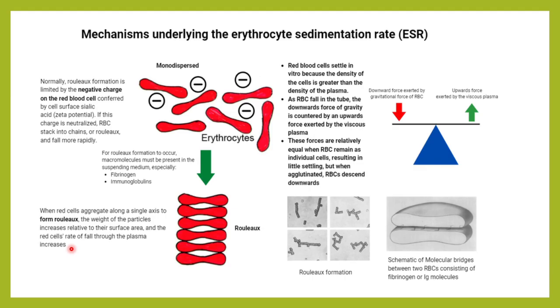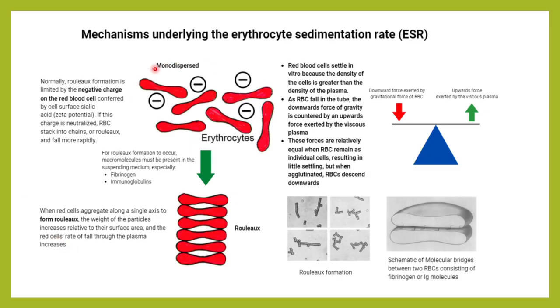So this together amounts to 60 minutes. So we say that in an hour, how much do the RBCs settle down? That is what we call ESR. Okay. So now, how actually does this process happen? This we will study in today's class.